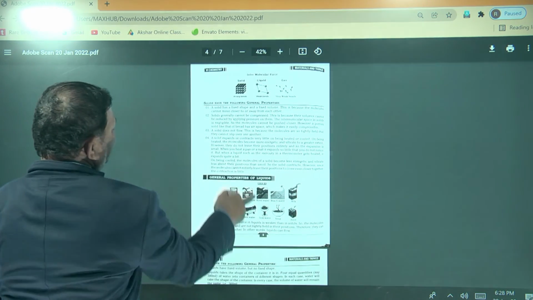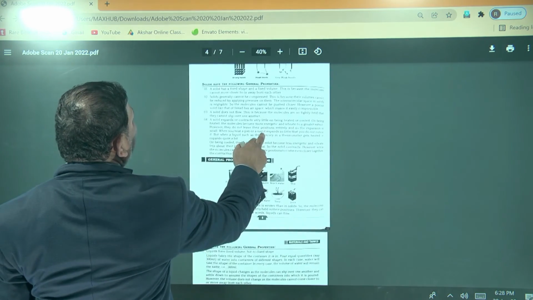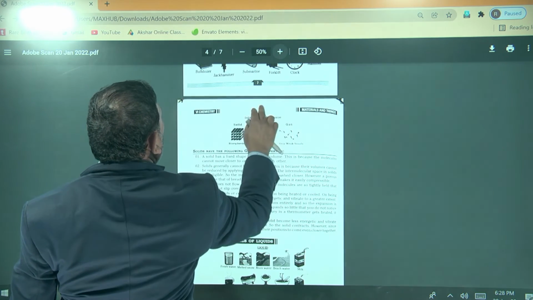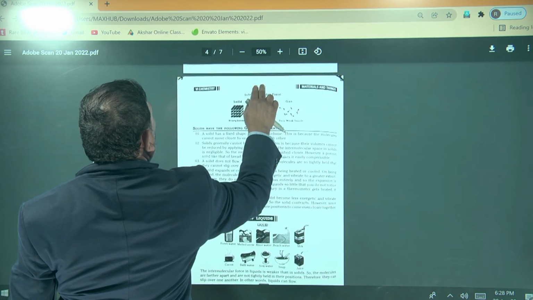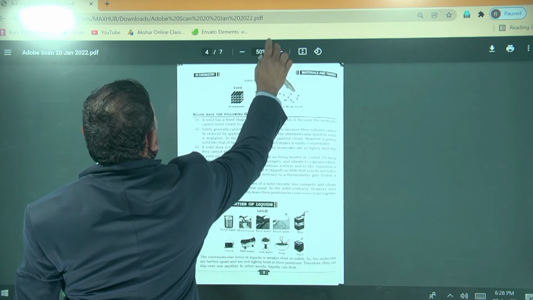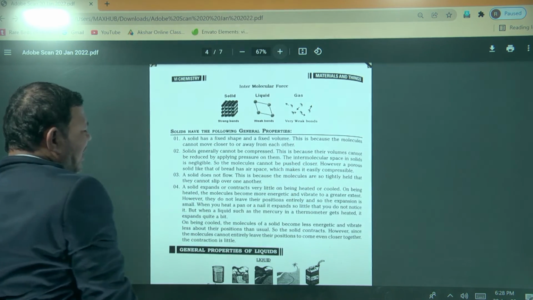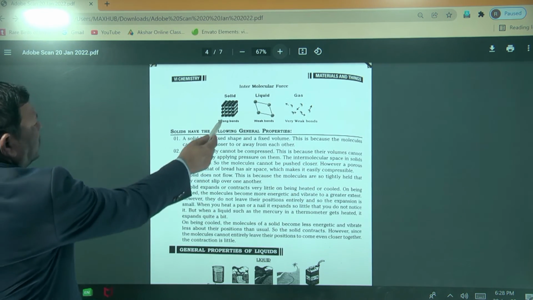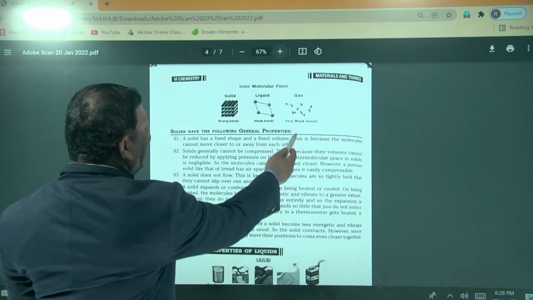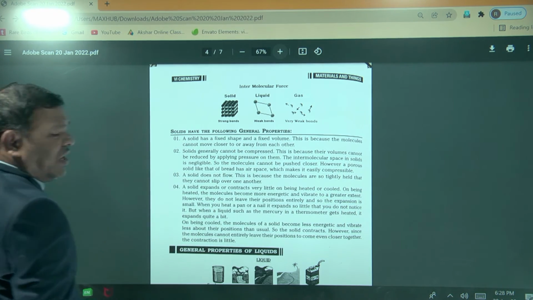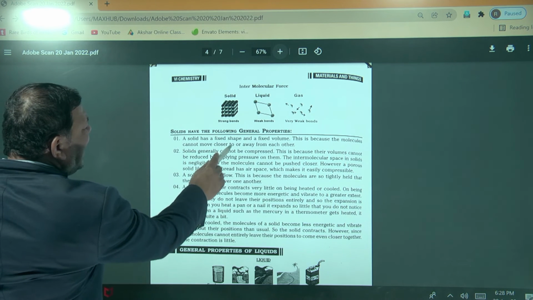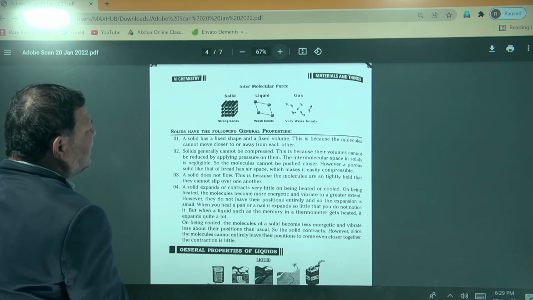Here are the characteristic features of solids. You can see strong bonds are present in solids, and very weak bonds are present in gases. A solid has a fixed shape and fixed volume.